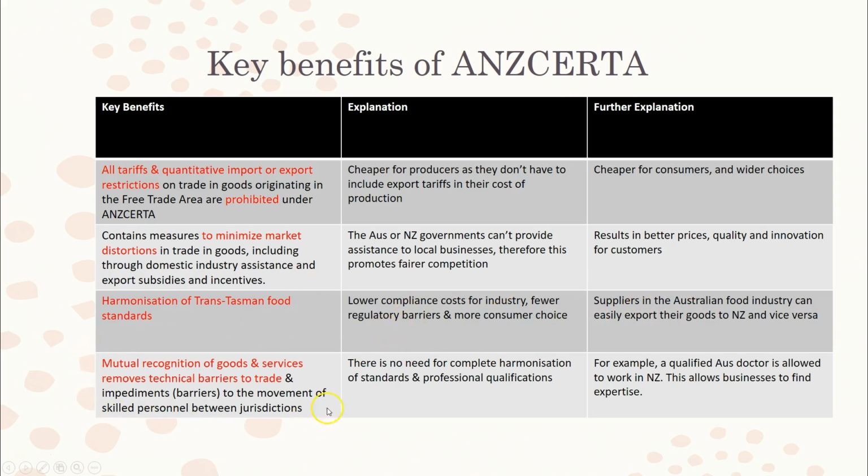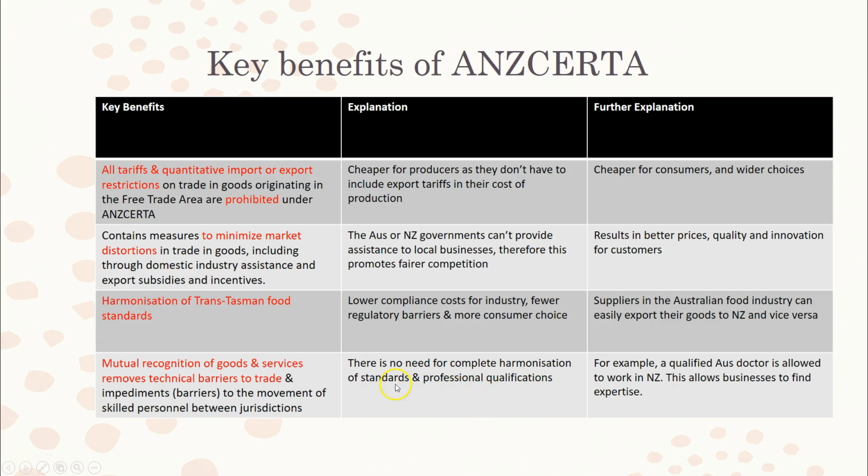Alright. And next, it's similar, except it's a different category. So mutual recognition of goods and services and removal of technical barriers to trade, including the movement of skilled personnel between jurisdictions. While Australia and New Zealand do not actually share the same qualification categories, or the same process to get the qualifications, they still recognize each other's professional qualifications.